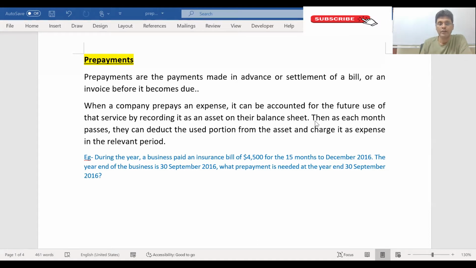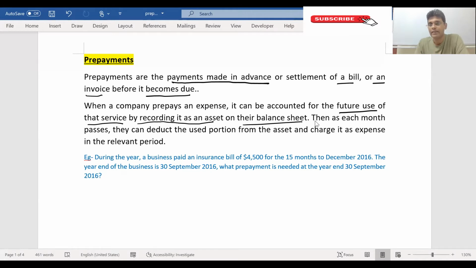So if a payment is made in advance, or a bill or invoice is settled before it becomes due, that is known as a prepayment. When a company prepays an expense, it can be accounted for the future use of that particular service by recording it as an asset on their balance sheet. This is very important.